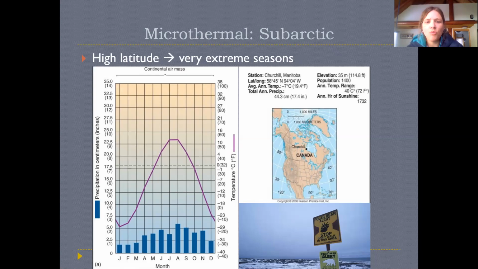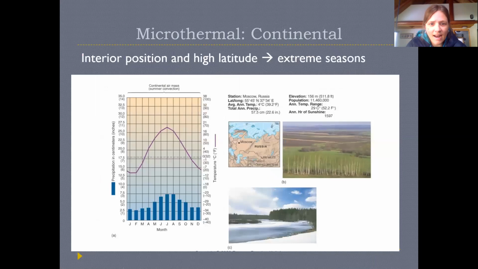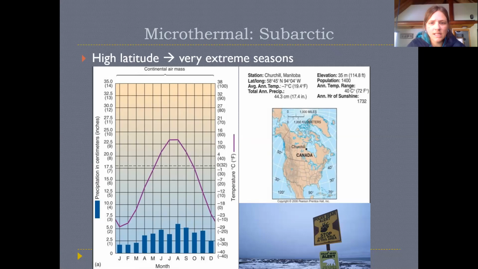So just like a much more extreme seasonal difference in general, and just like colder winter temperatures. So these temperatures are dropping down to like -23 degrees Celsius or -10 degrees Fahrenheit in this picture, where it's only going down to about -20. Oh, that's kind of different. Anyway, extreme seasonal differences.